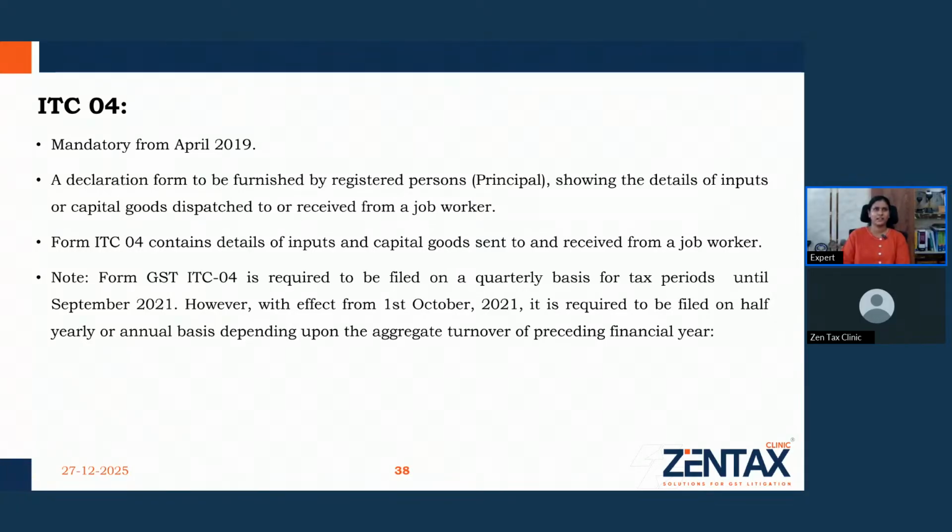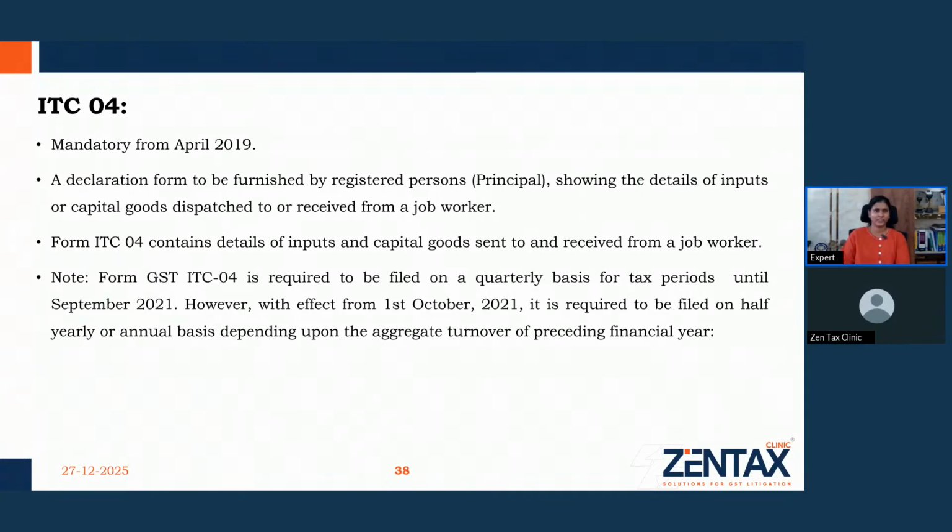A declaration form to be furnished by the registered persons, that is in this case the principal manufacturer, showing the details of inputs or capital goods dispatched to or received from a job worker. This form ITC-04 contains details of inputs and capital goods sent to and received back from such job worker.